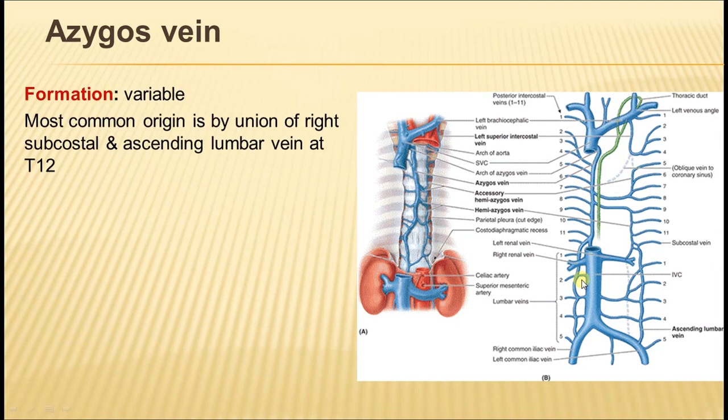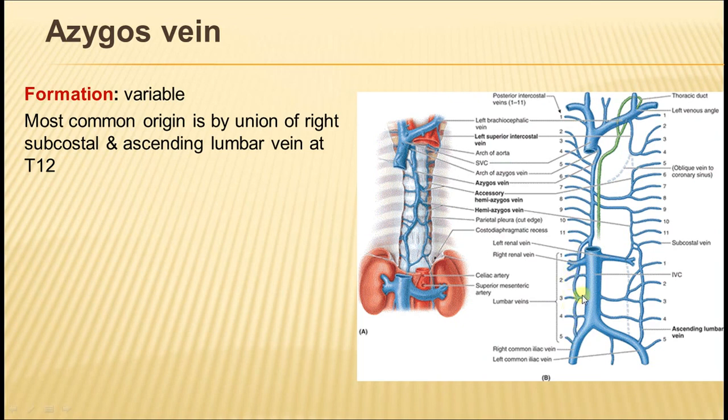It is formed by the union of the subcostal vein, the 12th vein. Here the subcostal vein is labeled for you on the left side, but on the right side, there is a union of the subcostal vein and the ascending lumbar veins. Here you can see the four lumbar veins, which drain the posterior abdominal wall, the posterior part of the lumbar region, and they are united.